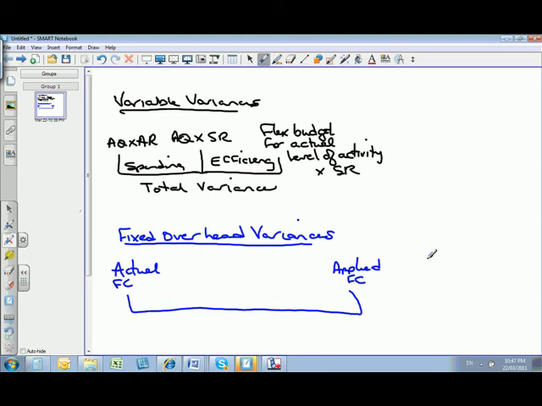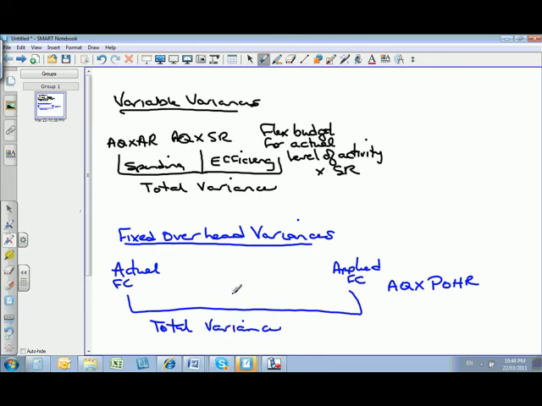So to get the actual applied overhead for the fixed costs, we're going to take the actual quantity and multiply it by that predetermined overhead rate. And that's going to give us our total fixed variances, or fixed overhead variance.